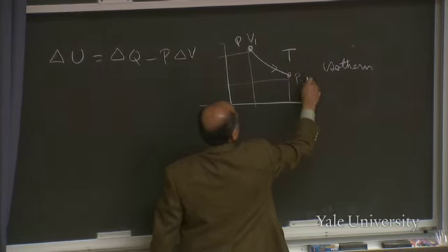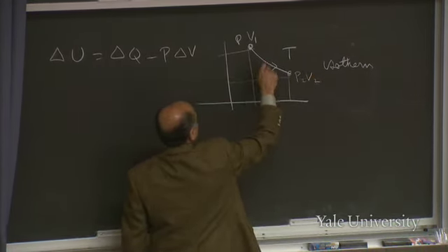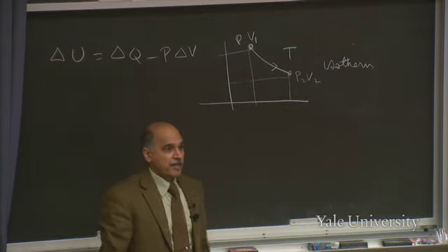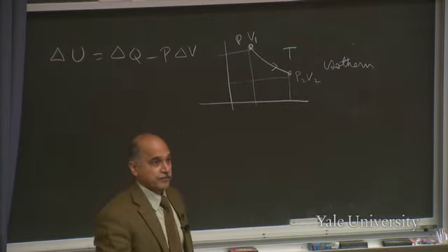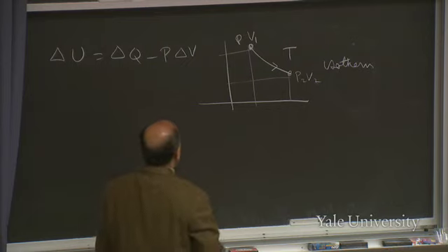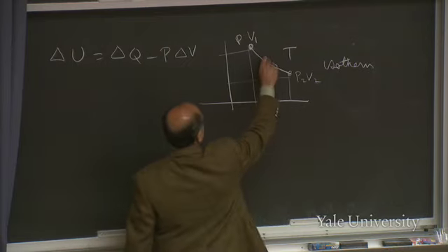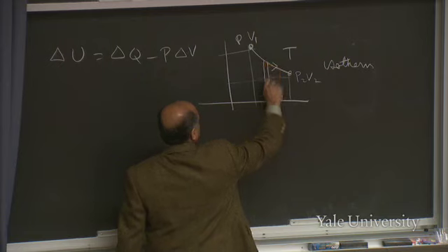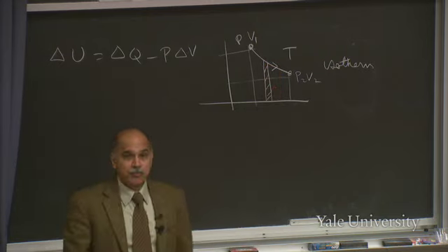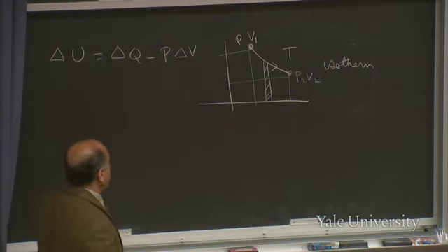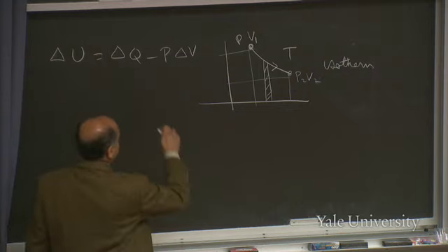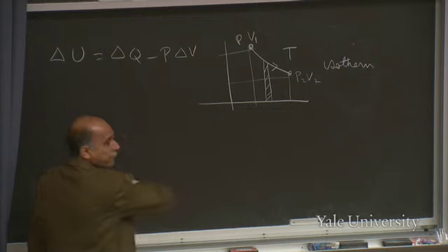This is P2 and V2. And I want to find the work done by the gas during this expansion. Well, P times delta V, you can see, is really that shaded area here, because it's a rectangle of height P and width delta V. So P delta V is just the area under the graph that you follow.